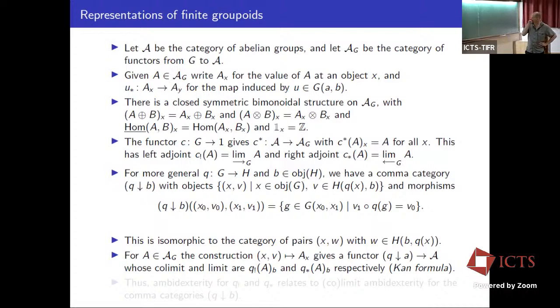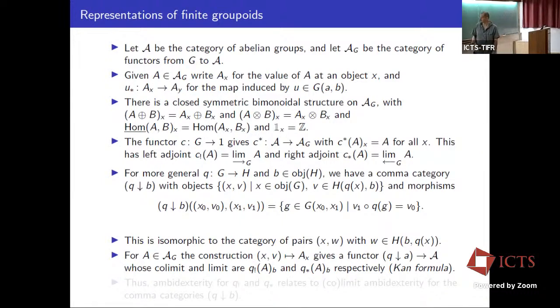The Kan formula works for the left and right adjoint of a pullback functor. In complete generality, you don't really need a groupoid, but if we didn't have groupoids, then the left adjoint would be defined using this version, and the right adjoint would be defined using that version, and that would be a little bit different. But because we're doing groupoids, we can just use one version.